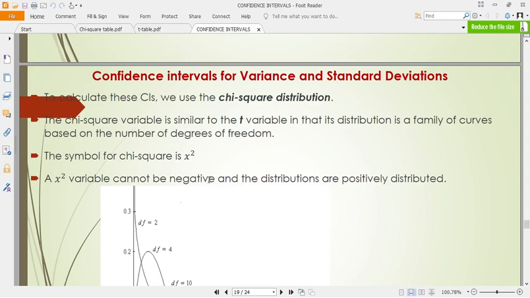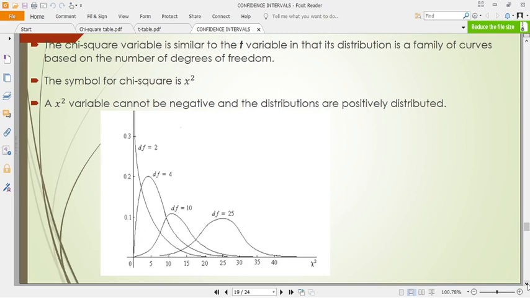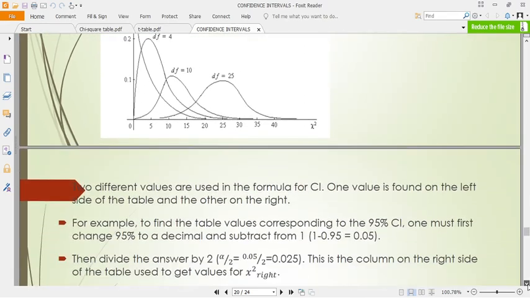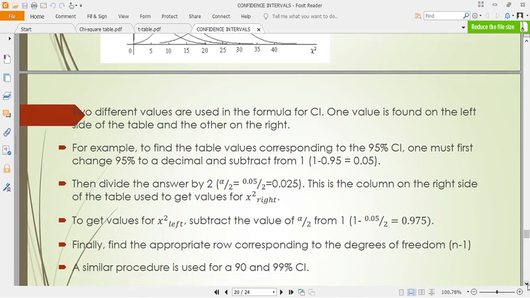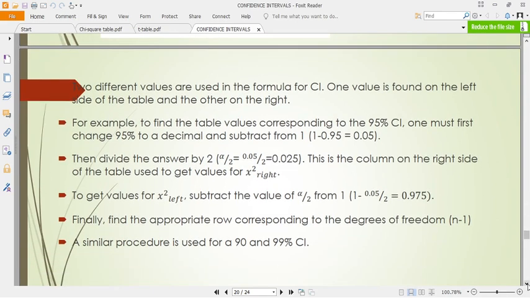A chi-square variable cannot be negative, and distributions are positively skewed, because whether something is positive or negative, when you square it, we get a positive value. So this is how it looks. Here two different values are used in the formula for confidence interval. One value is found on the left side of the table and the other on the right.